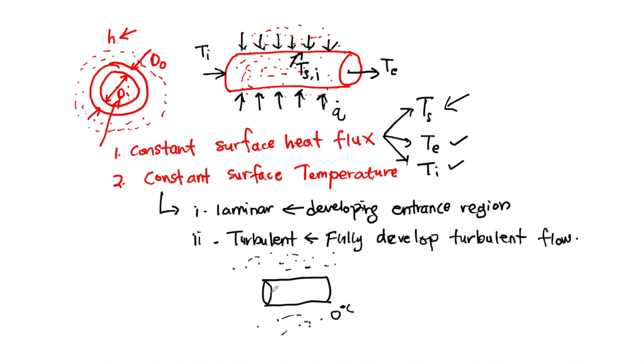Under this condition, we have constant surface temperature. Our focus here is normally to find the heat transfer coefficient, so you will know what kinds of information you need in order to determine the heat transfer coefficient under constant surface temperature.